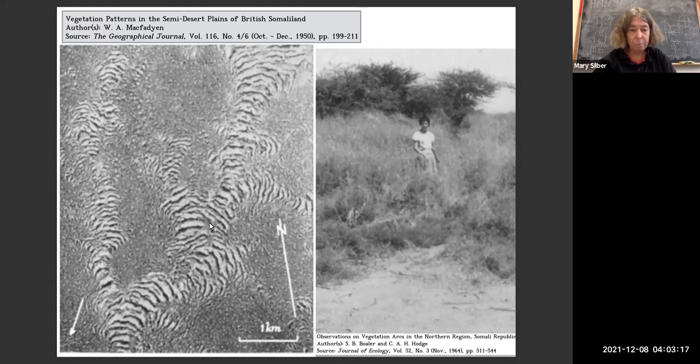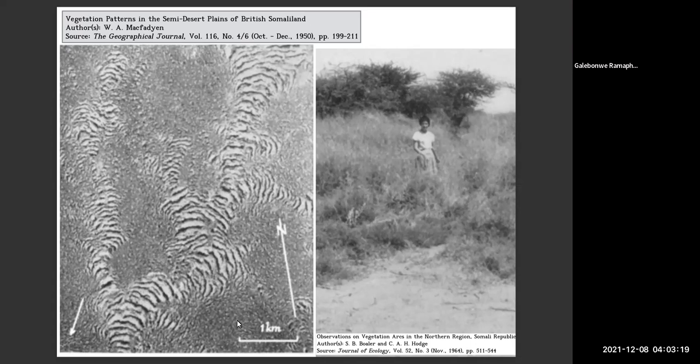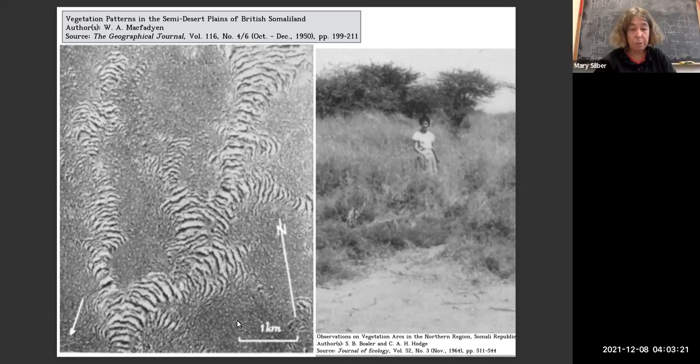The things I want to point out here are the scale bar, which is a kilometer, so these bands are separated by, say, 100 meters or so. The other thing is this arrow, which indicates the downslope direction. So these bands are oriented transverse to the downslope direction.